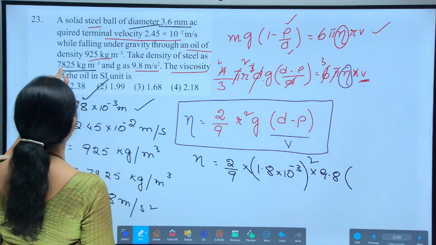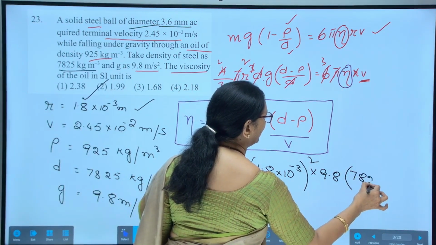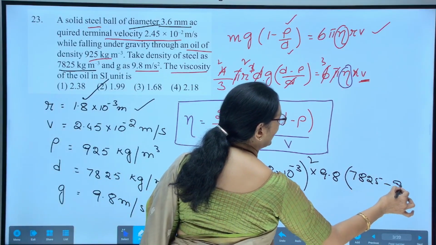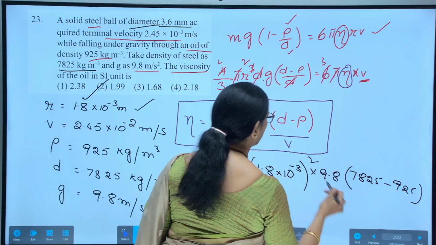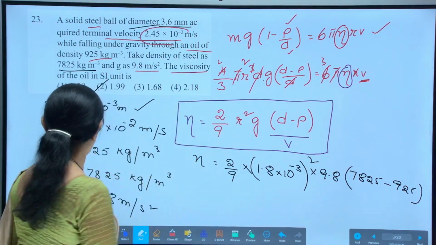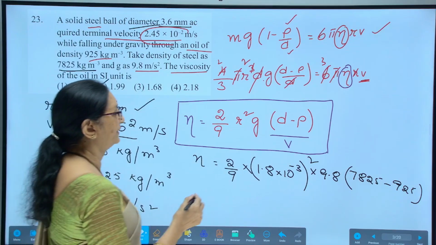The density of steel is 7825 minus the density of the liquid, given as 925, d minus rho, divided by the terminal velocity. Look here, the terminal velocity is 2.45 into 10 power minus 2.